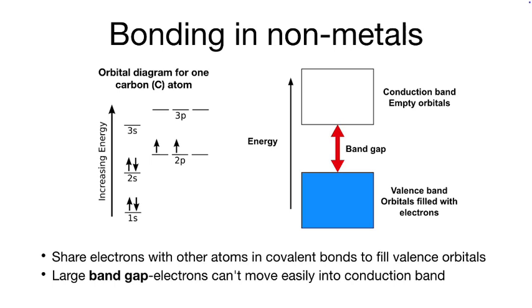When we look at the bonding in nonmetals, they get a little bit more complicated. When we look at the conduction band versus the valence band, there's what's known as a band gap. Remember I said there was a gap between them that wasn't super obvious? Ta-da, here it is. The gap becomes very, very apparent in nonmetals. What is this correlated to? Their electronegativity. If my element, carbon, is very electronegative, what is it doing to those electrons?